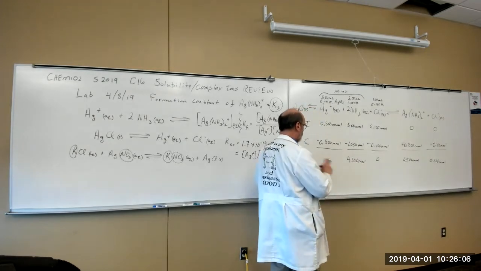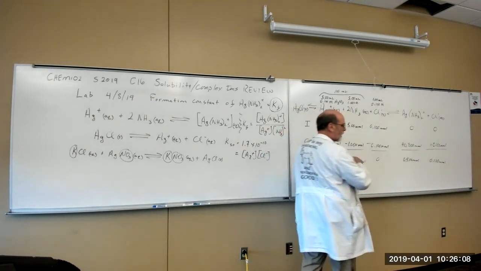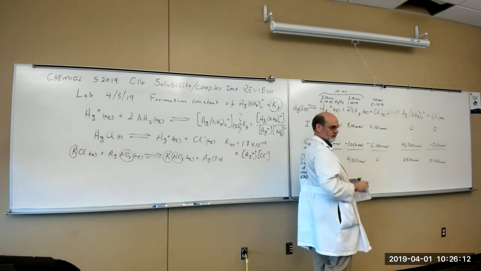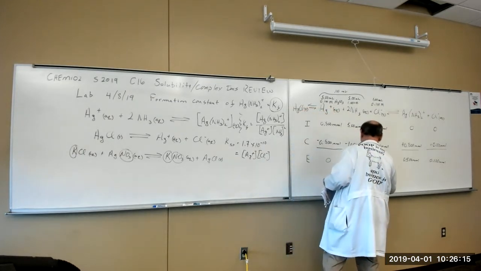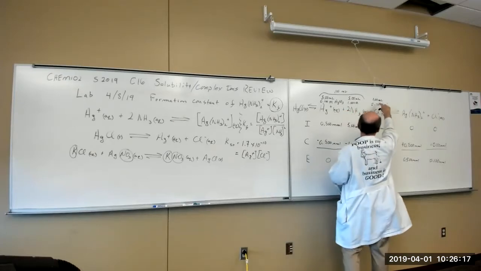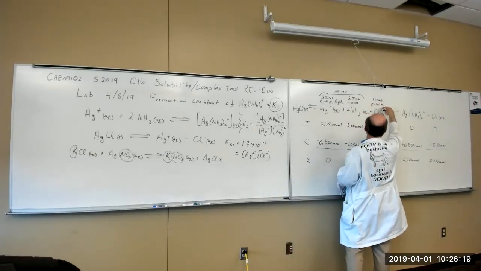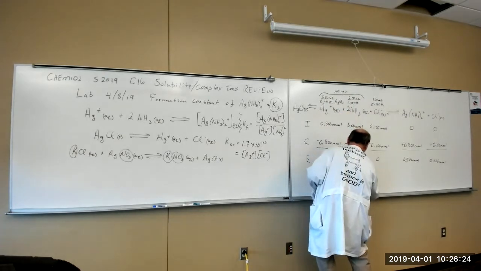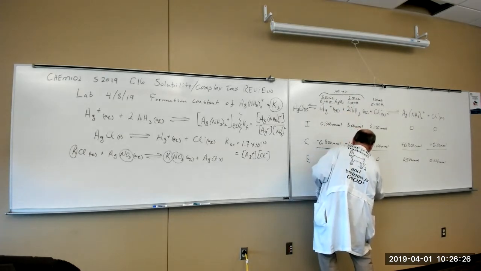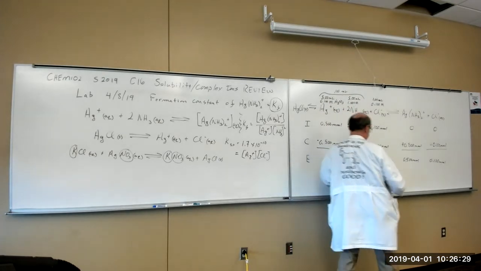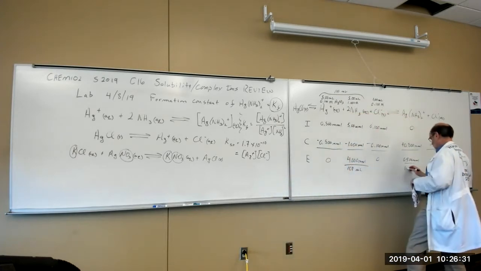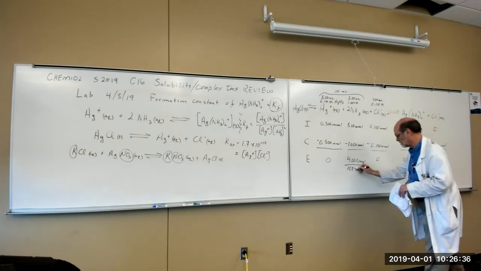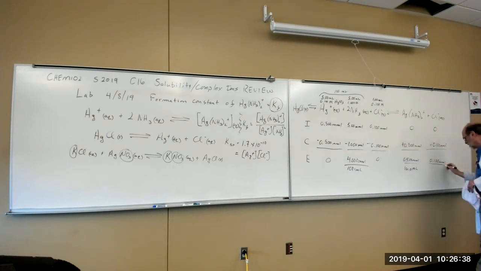So if this is millimoles, we need to know how many milliliters it is dissolved in. We started off with 1 milliliter here, but we had 100 milliliters here, so this is 101 milliliters. This is 101 milliliters. This is 101.